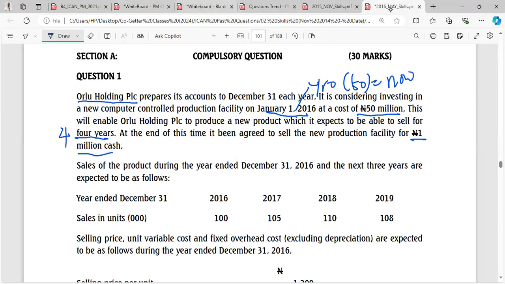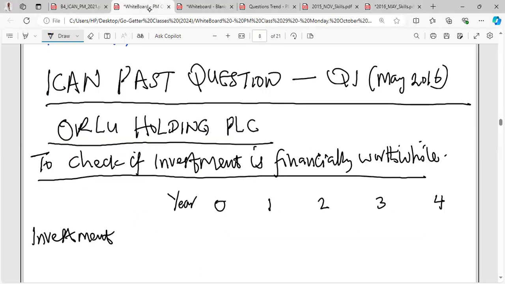I want to make this 3 zeros, so this is going to be 50,000. I'll put it in brackets because it's an outflow.